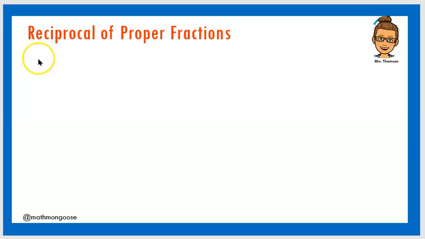So for example, if we have the fraction 2/3 and we want the reciprocal of 2/3, we're going to take this denominator and put it as the numerator, and we're going to take this numerator and put it as the denominator. So 2/3 now becomes 3/2.